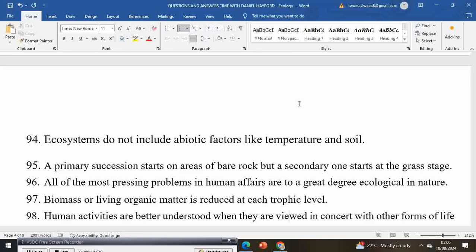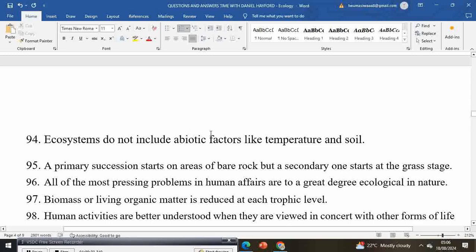The N in NPK is nitrogen. As we use fertilizers, we get nitrogen into the environment, and that can change or influence the nitrogen cycle in some way.